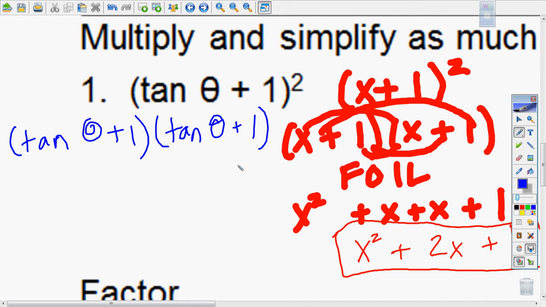Following that same process, instead of x's, what do I have? Tan. So it's going to become tan squared theta plus tan theta.